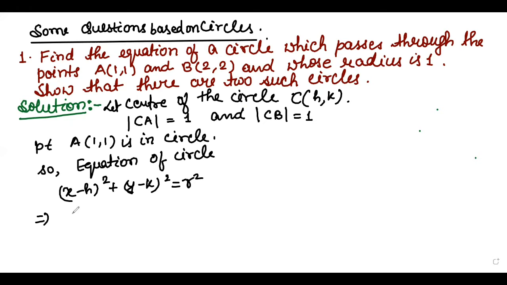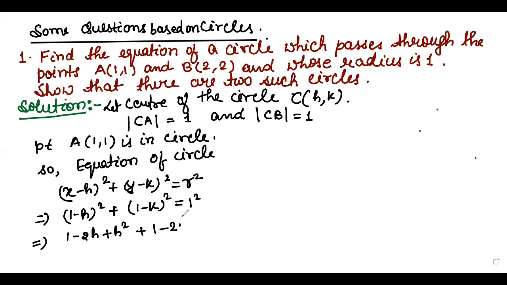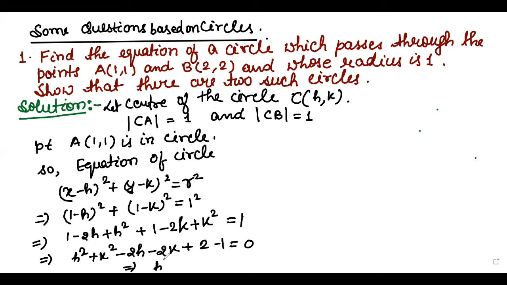In place of x and y, I'm applying 1 and 1: (1 minus h) whole square plus (1 minus k) whole square equals 1 square. So I can write it as 1 minus 2h plus h square plus 1 minus 2k plus k square equals 1. So finally I'm getting h square plus k square minus 2h minus 2k plus 2 minus 1 equals 0. So it is h square plus k square minus 2h minus 2k plus 1 equals 0.